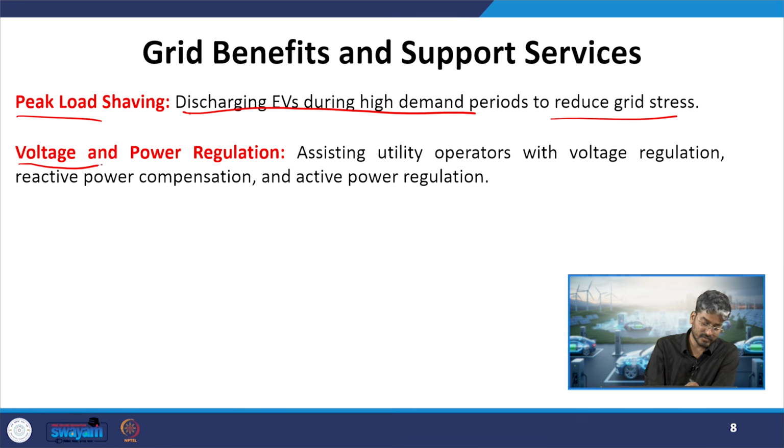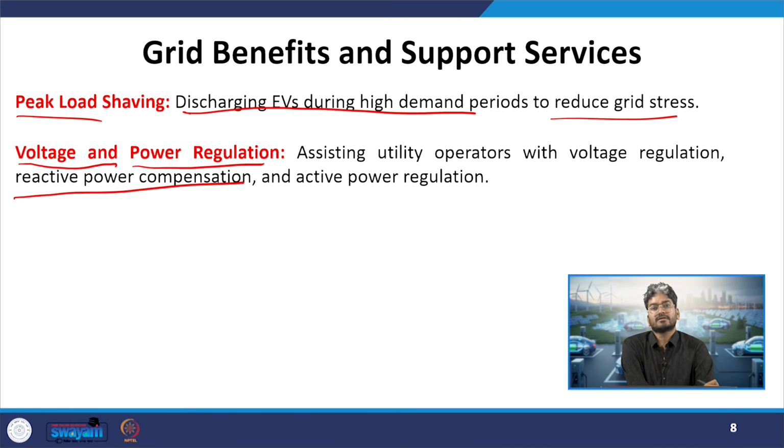We know that whenever there is a mismatch between the generation and the load, there will be fluctuation in the voltage as well as in power quality. So, this assists utility operators with voltage regulation, reactive power compensation and active power regulation. In our electric vehicles, when we have these converters which are bidirectional, we have seen that we can maintain the active and reactive power flow.